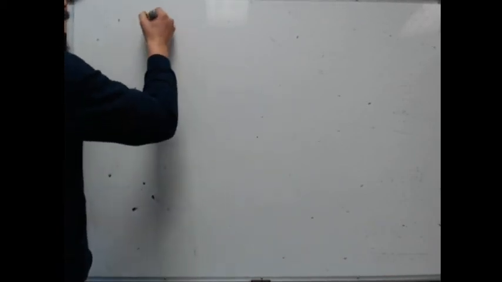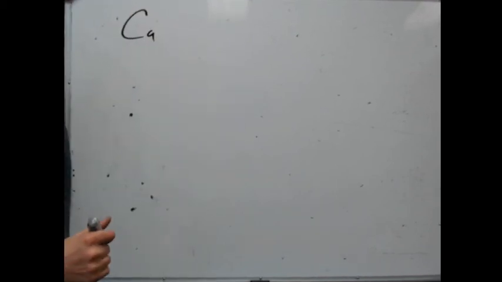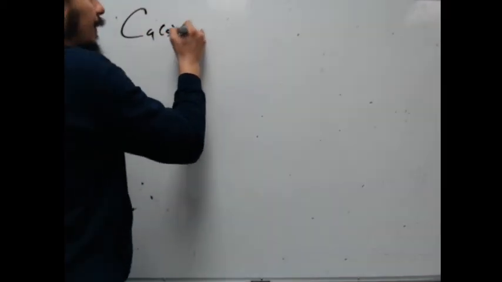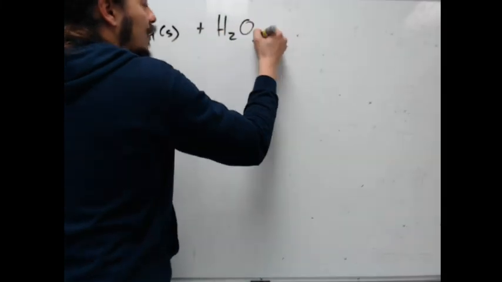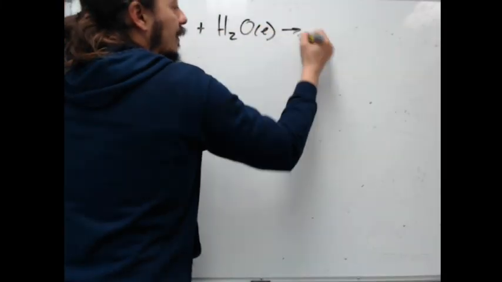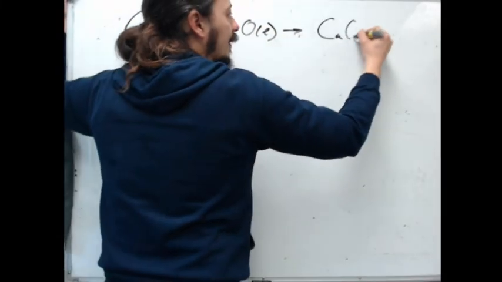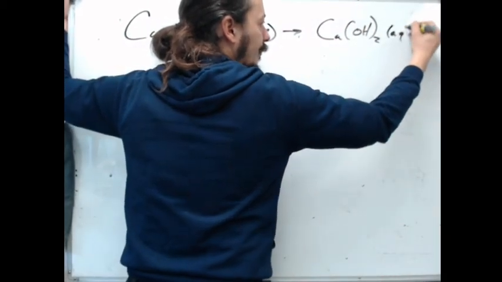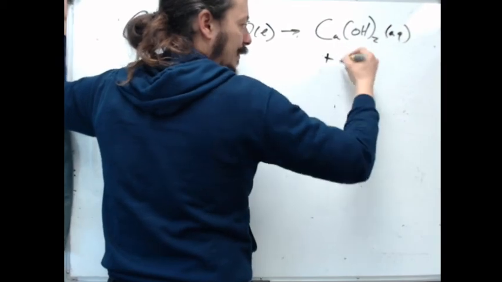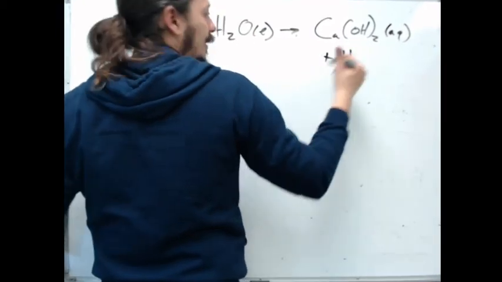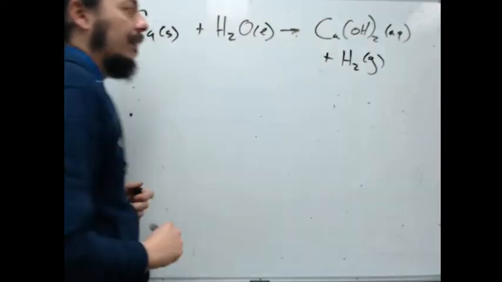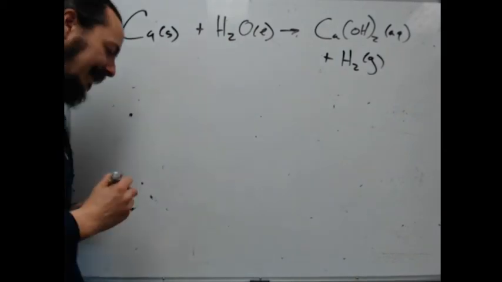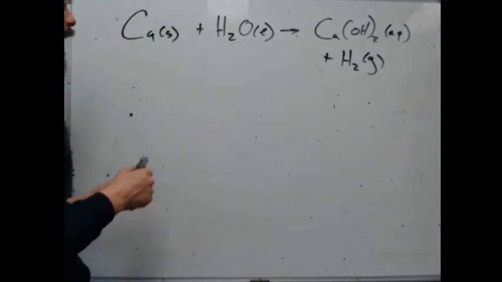One of the ones that we did, and I did this as a demo, was calcium metal plus H2O liquid forms calcium hydroxide plus, sorry, I didn't give myself enough space, H2 gas. And I'll also write the second reaction we want to consider.